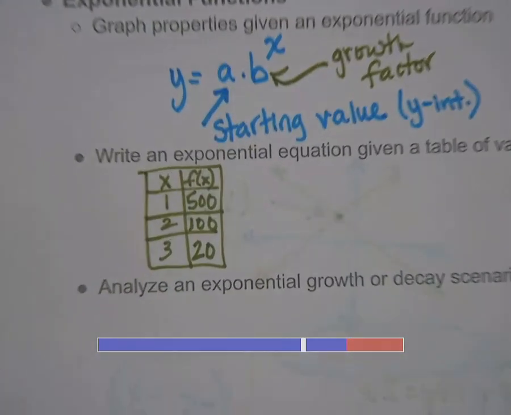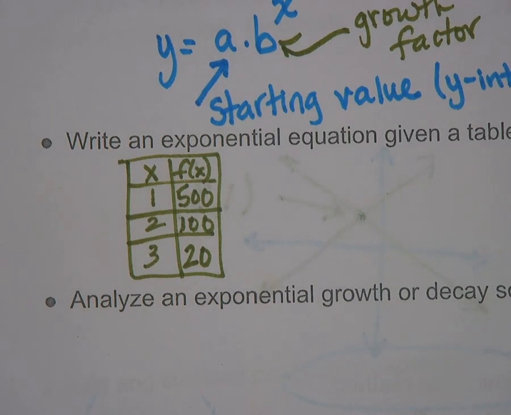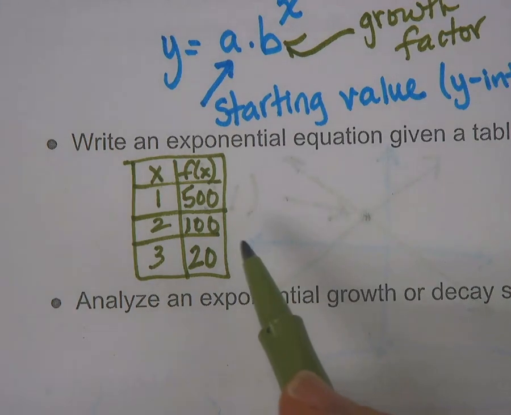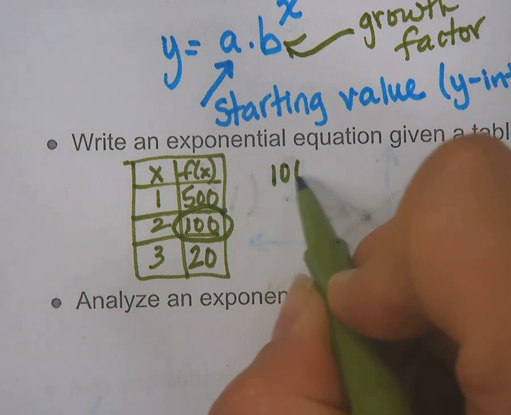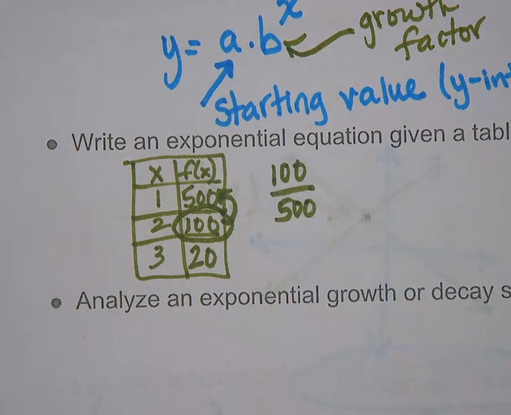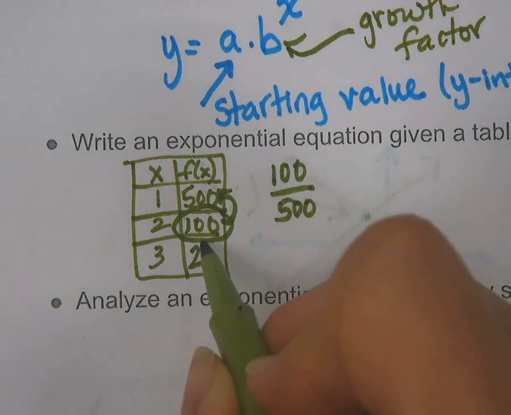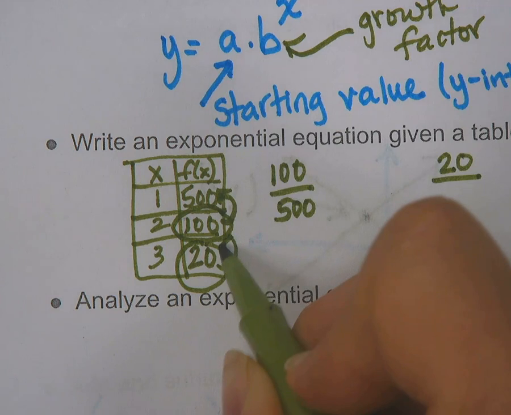Okay. So being an exponential equation, exponential means that we are constantly multiplying by something. So to figure this out, you take any term and you divide it by the term in front of it. And we keep doing that. So I'm going to take 20 and divide it by the term in front of it.